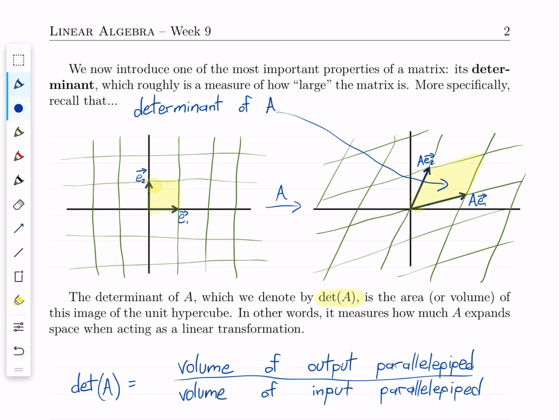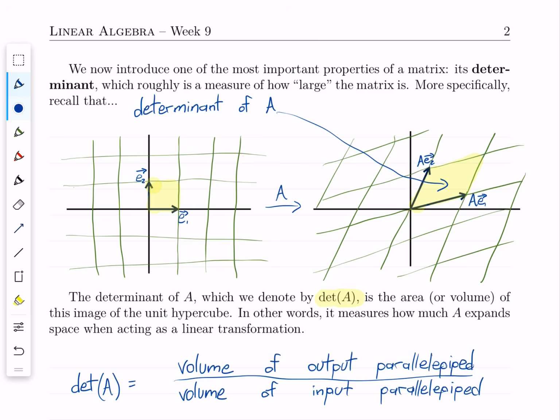And what I mean by that is you'll notice that on the input picture, E1 is clockwise from E2. On this output picture, A times E1 is still clockwise from A times E2. All right, so here the determinant's going to be positive, and it really is just this output area divided by input area.